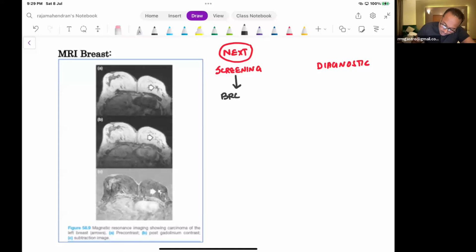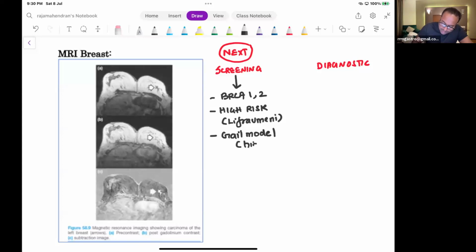In BRCA1, BRCA2, high-risk cases, even Li-Fraumeni syndrome, all the high-risk cases based on the Gail model. Gail model shows high risk.